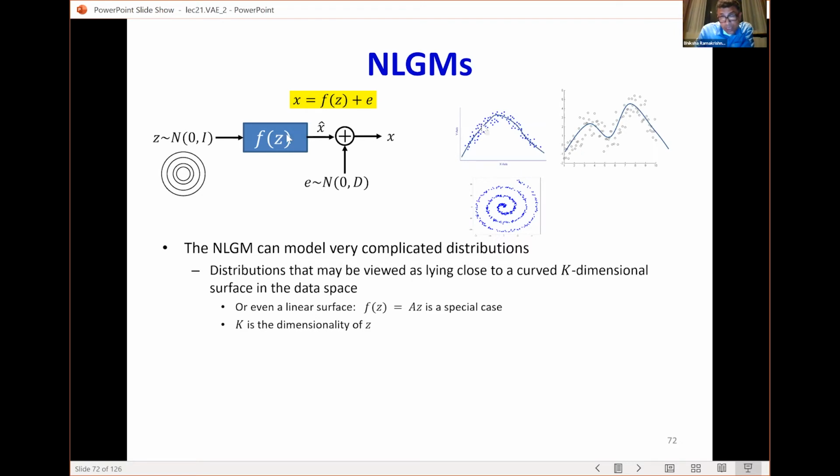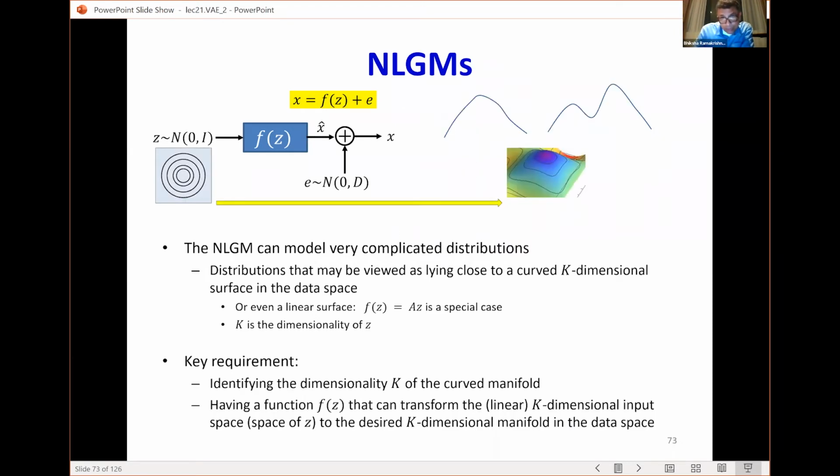So this is a very generic model that can model pretty much any distribution in the world. And so when I want to learn the distribution of some complex data, this is a beautiful way of modeling it. The key requirement is that we're going to need to know the dimensionality of this manifold, which is the dimensionality of Z, and the function f that maps this into this curved space.